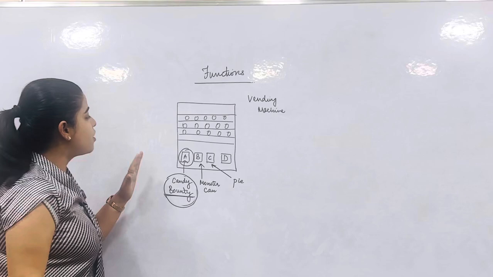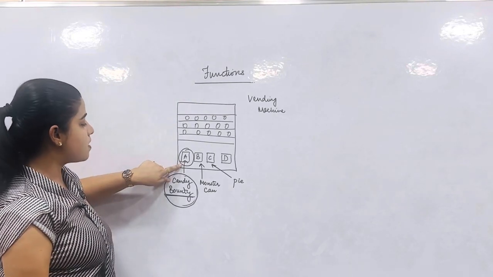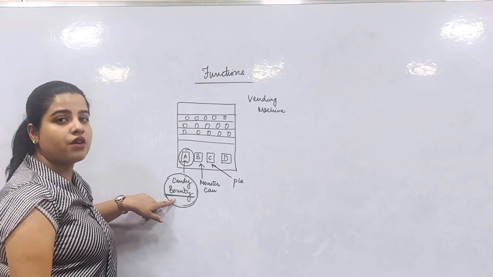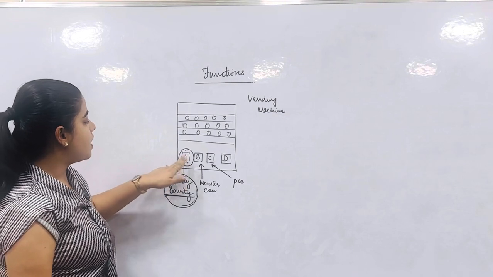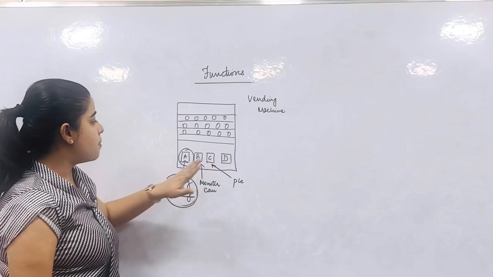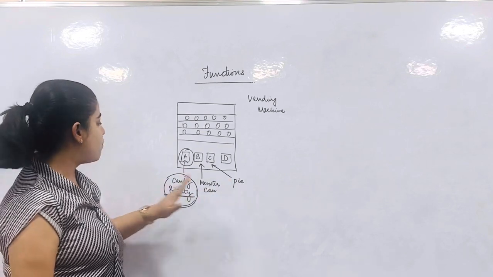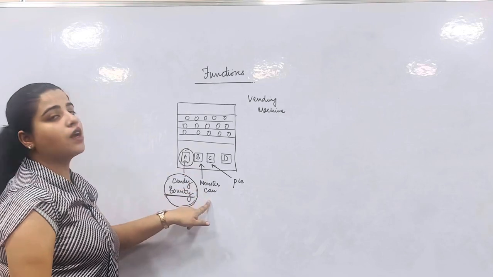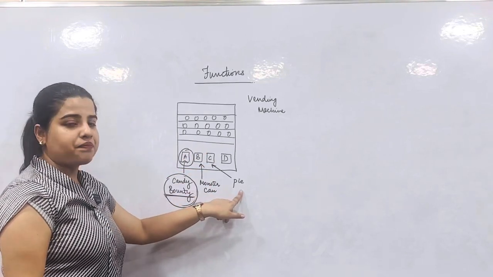So what is a function? A function is like a machine, so that when you input something in a function, you'll get a desired output. In this case, the input is button A, B, C, and D, because when we are pressing these buttons, we are getting something. When you're pressing button A, you're getting Bounty. When pressing button B, you're getting a Monster can. And when pressing button C, you're getting a pie.